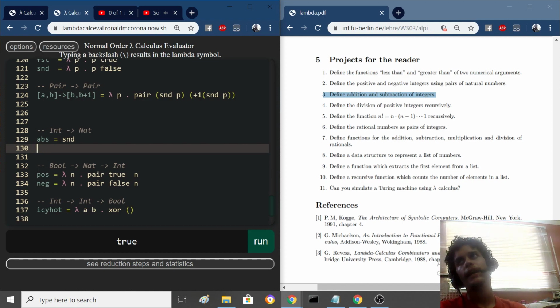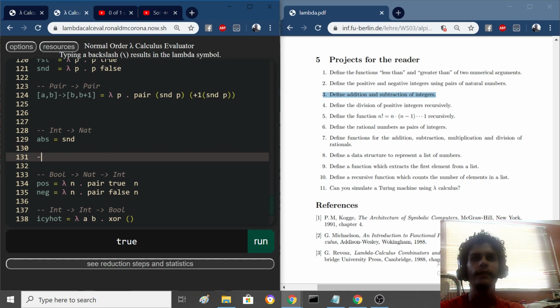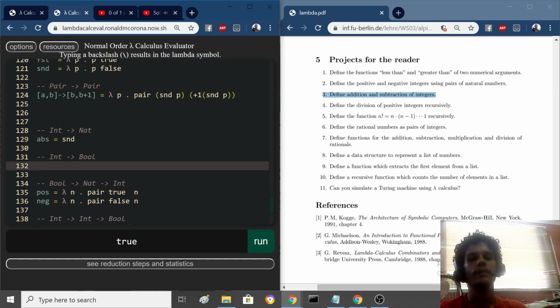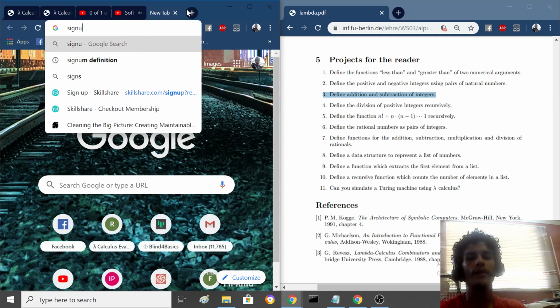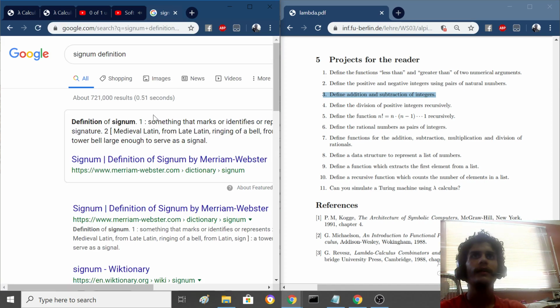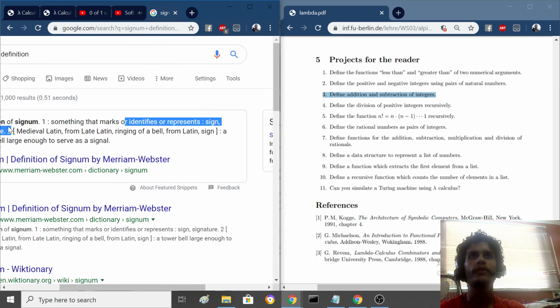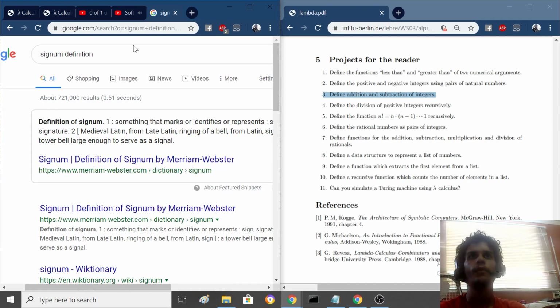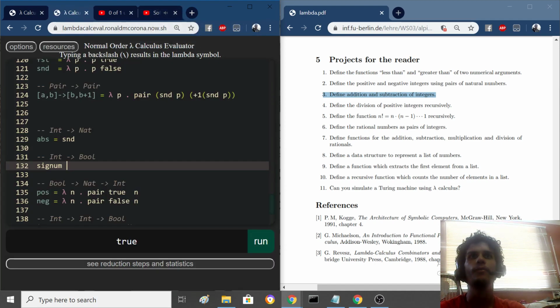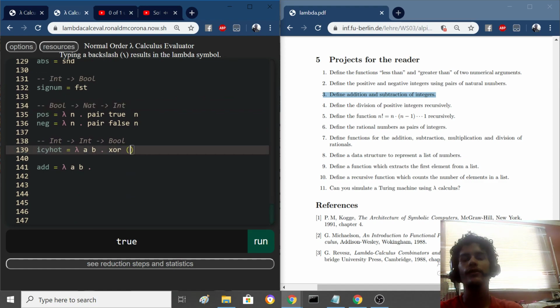How about getting the sign? Well, we know it's just the first function, right? FST, and it's a boolean, right? But for our sakes in working with integers, let's call it signum, which is the sign, right? We can write the signum definition, something that marks or represents. Okay, well, represents either a positive or negative number, right? Signum equals first, right? So it tells us, is it a positive number or a negative number, right? Now we can use it here.